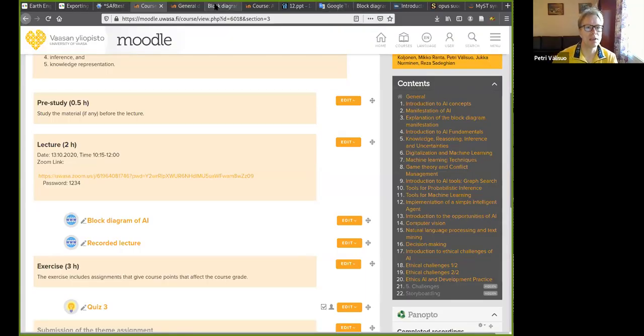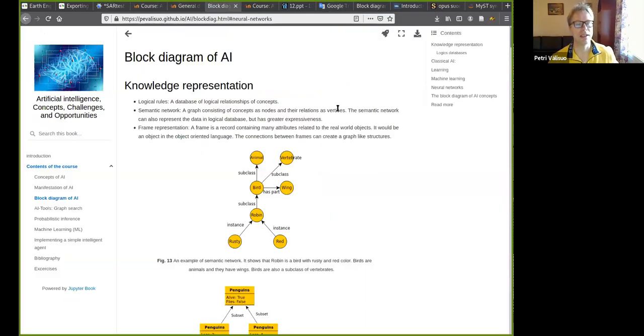Okay, so today's content is called the block diagram of AI, and the idea was that I would introduce many different methods so that you can have a wide understanding of what kinds of methods there are in AI.